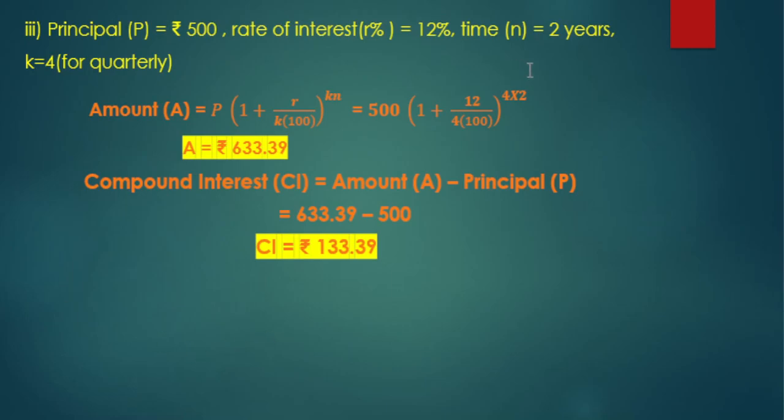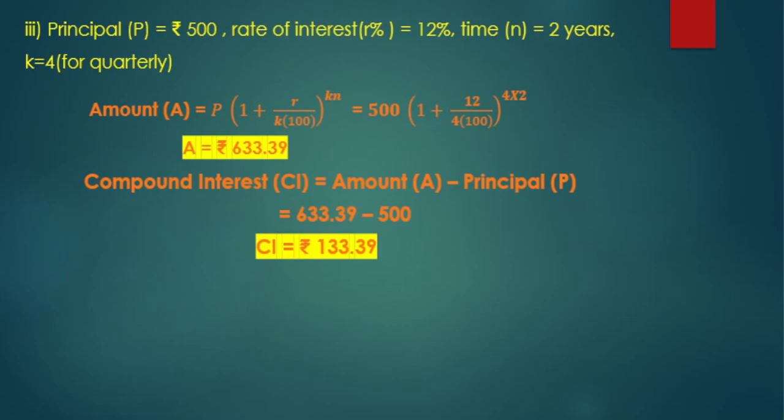After solving this equation, we have got the total amount of rupees 633.39, and the compound interest after subtracting the principal is rupees 133.39.